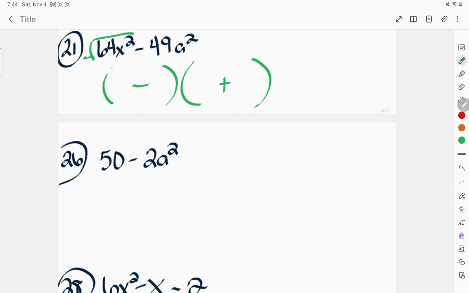Remember, a difference of 2 squares is you have 2 sets of binomials and you have 2 different signs, but everything else is the same. So the square root of 64 is 8. The square root of x squared is x. The square root of 49 is 7. The square root of a squared is a.